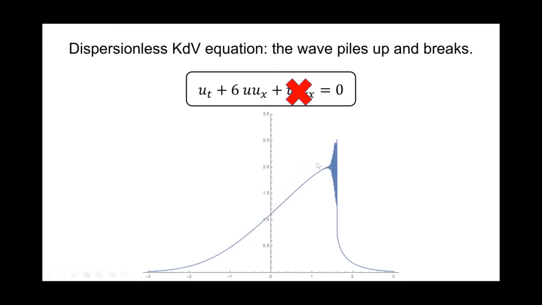Please ignore this bit here. This is an artifact of the numerics. Essentially the wave piles up to the right until the profile becomes vertical. At some point, the first derivative goes to infinity and the wave breaks down. And as you can see here, this happens after a finite time, which we call the breaking time.